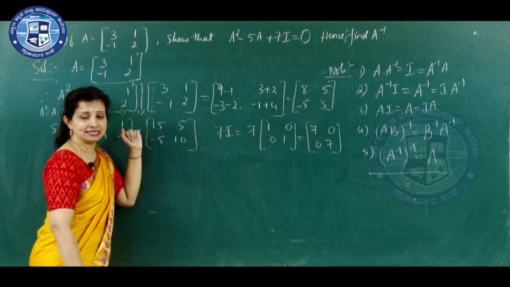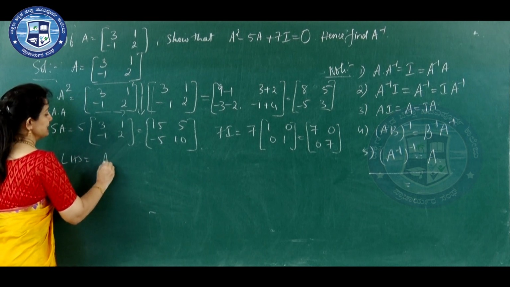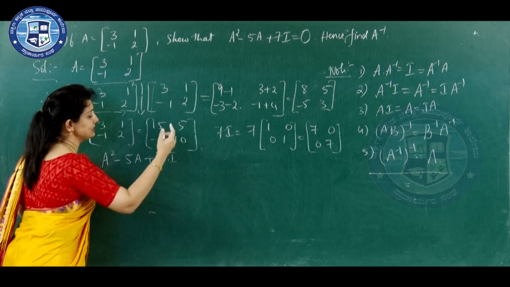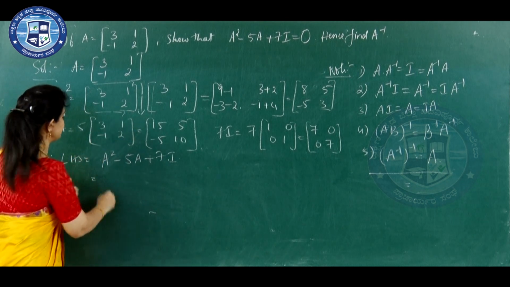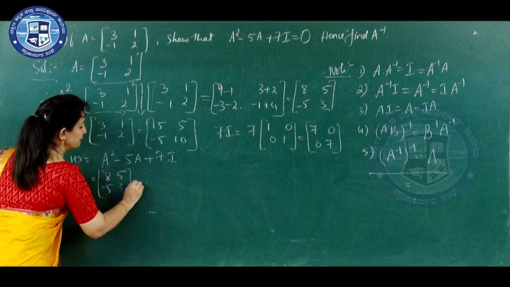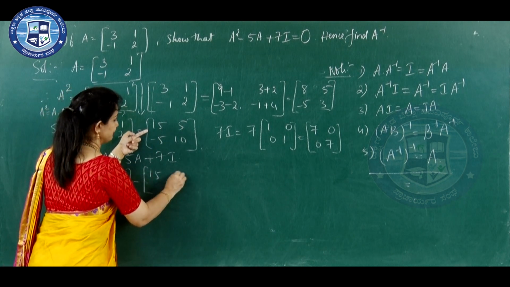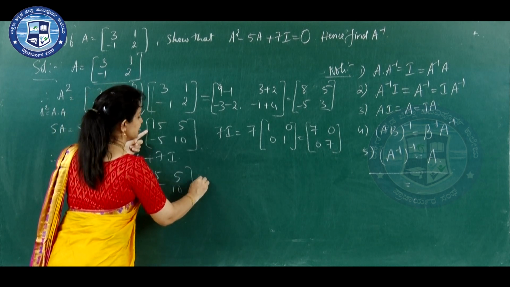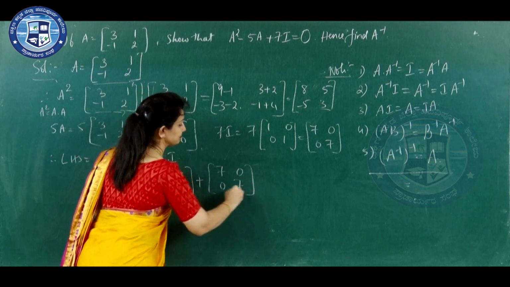Now, let us consider the LHS. LHS is A square minus 5A plus 7I. Can we get it equal to 0 matrix? A square here we have 8, 5, minus 5, 3, minus 5A we got 15, 5, minus 5, 10, plus 7I we have 7, 0, 0, 7.